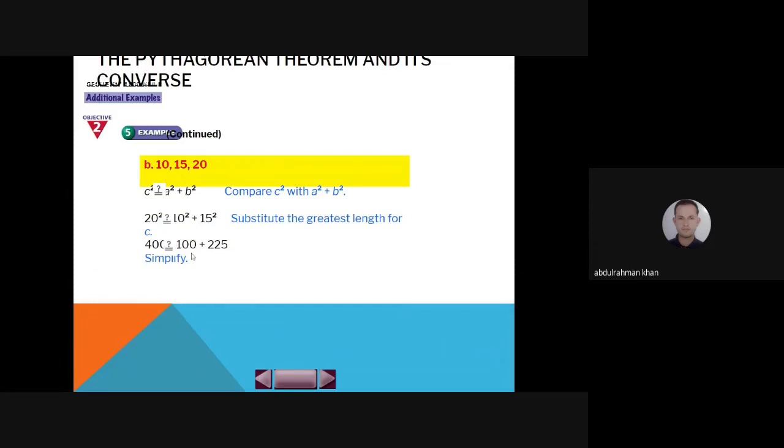Now add the right side, 100 plus 225, the answer is 325. Now c square is 400 and a square plus b square is 325, not the same. So what is the answer? c square is greater than a square plus b square, so in this case the triangle is an obtuse triangle.